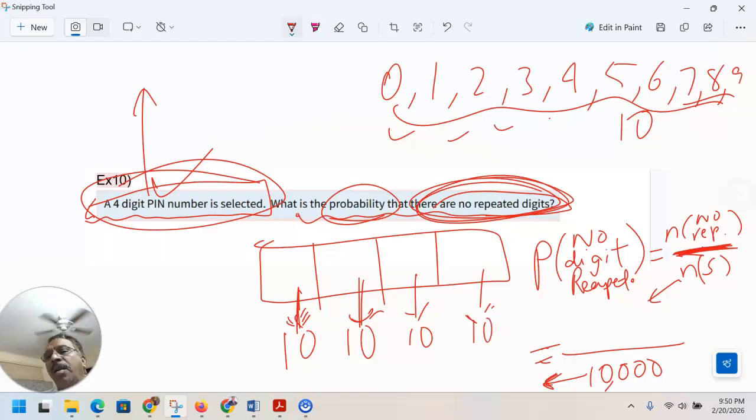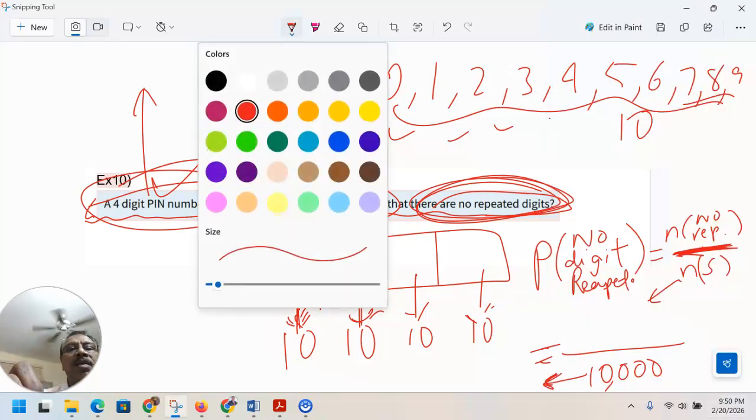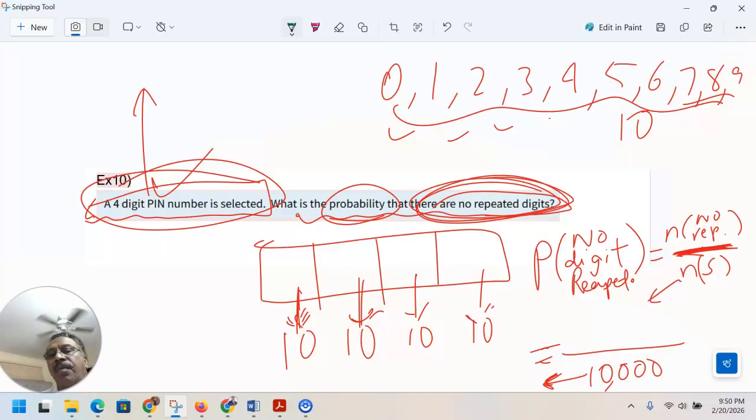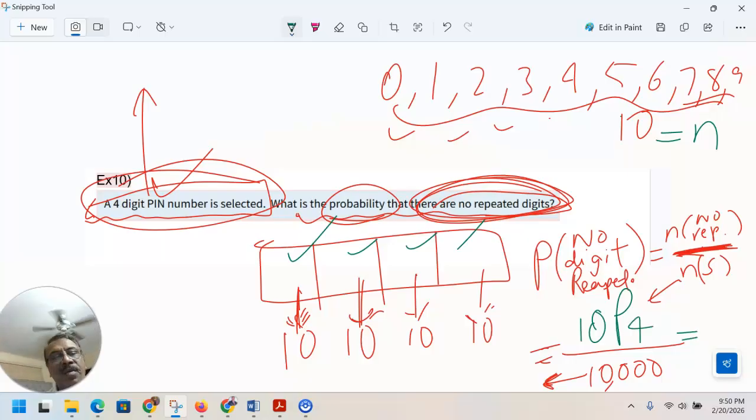But the top one, no repetition, means that there is a permutation. You have 10 of these, so n is 10, and there are 4 positions to be filled, so it becomes P and then r. Do you remember this trick? Using the calculator, this gives you 5040, and the bottom will be 10,000.